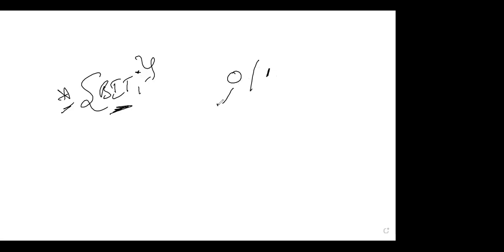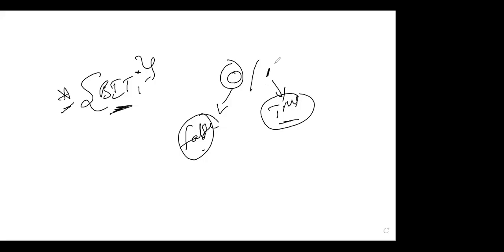So 0 means false, right? 1 means true. So it cannot store true or false directly. It can store either 0 or 1. It can store only these two values.